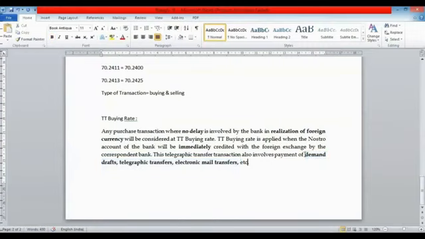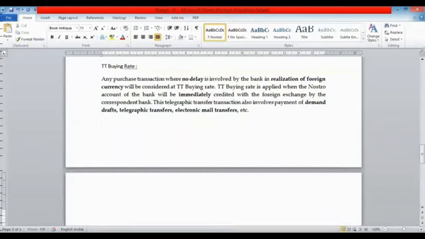So today I am discussing only purchase transaction, and in purchase transaction only TT buying. In TT buying, there is no delay in receiving the foreign currency. We means bank, I means bank, not having any delay.